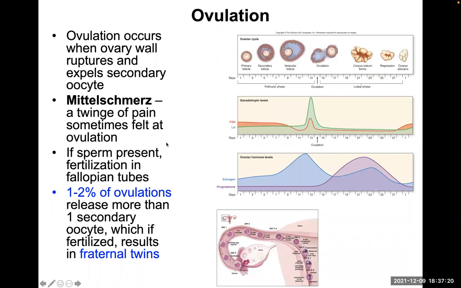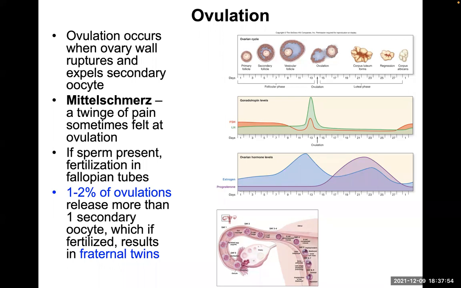Mittelschmerz is a phenomenon that not all females experience, but some do. A person basically experiences a twinge of pain and typically some spotting that's associated with ovulation. I don't know what the percentage is, but fewer women experience it than do not, so it's not a super common phenomenon.